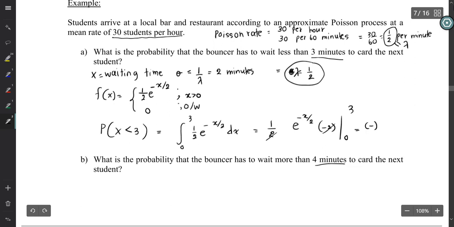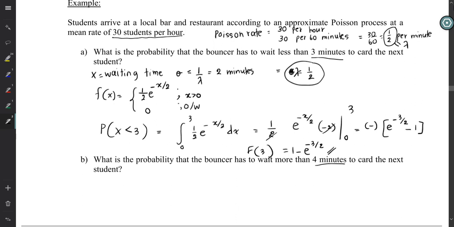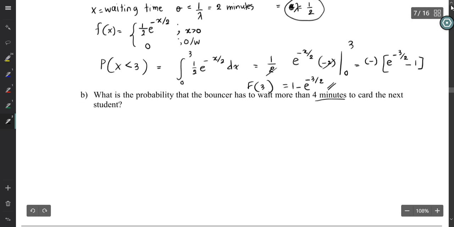Have negative value outside. You have e to the negative 3 over 2, evaluate at 3, and minus e to the 0 is 1. And with the negative sign, you have 1 minus e to the negative 3 over 2. And this is exactly F(3). Again, you can plug this e to the negative 3 over 2 into a calculator and get the exact number. And do 1 minus, you can find the probability value.